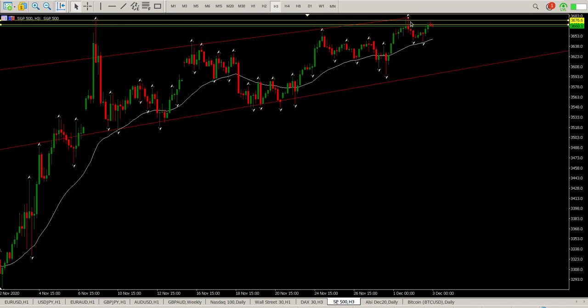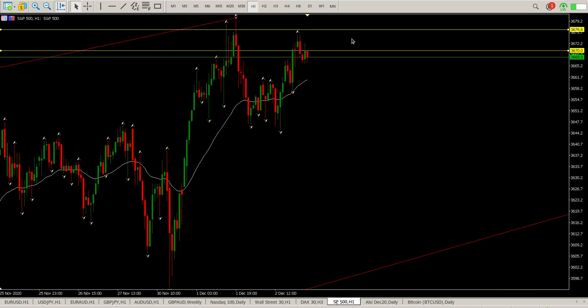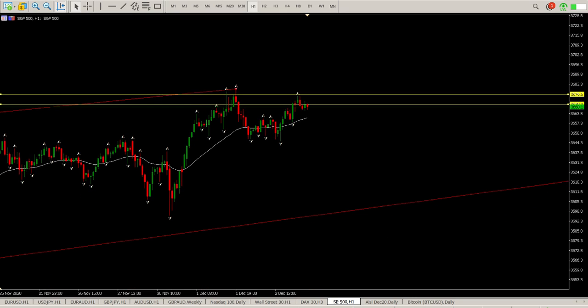Yeah, ever so slightly, but you can see there's a tail and there's a tail, so that's the structure that it's trading off at the moment. We did make a bit of a new high, but at the moment nothing really to write home about, and I think it's going to stay like this until we get the data out.